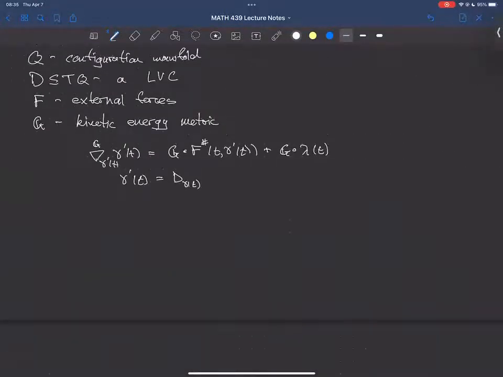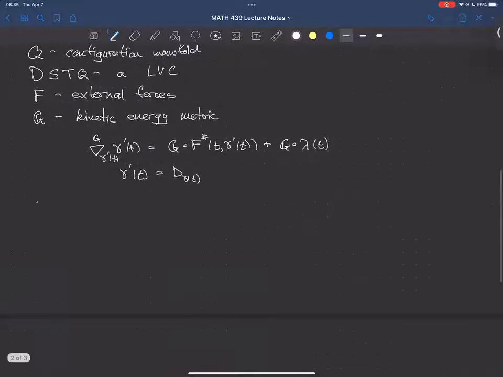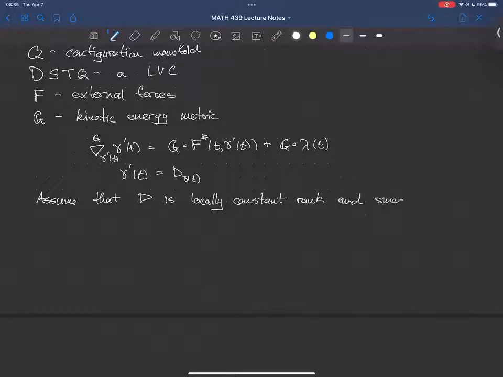So here's how we're going to do that. We're going to assume that D is locally constant rank, and smooth. So in physical applications, typically you'll have smoothness.